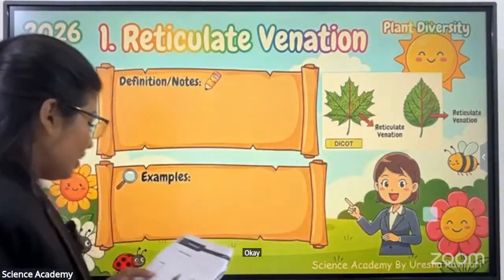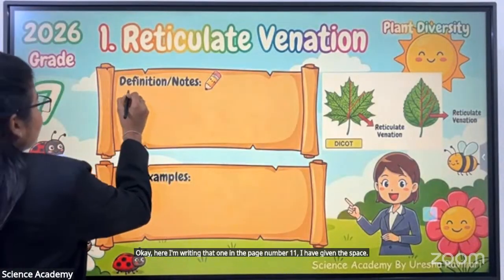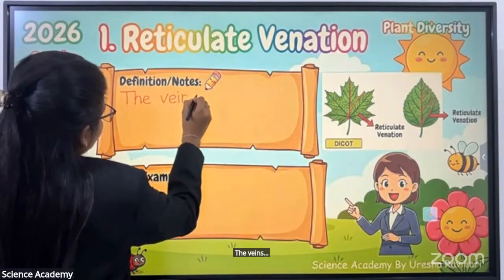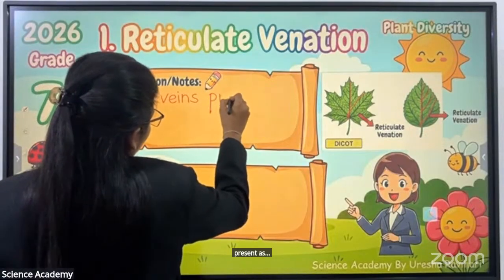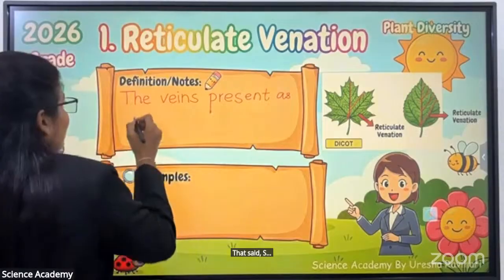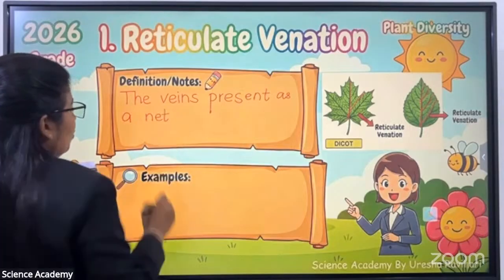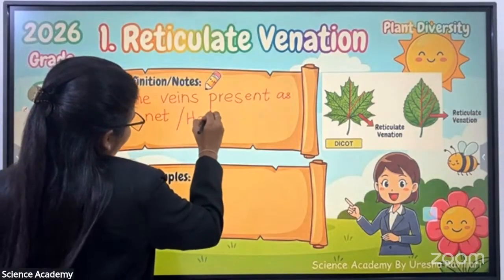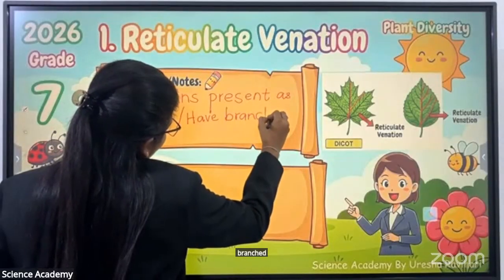Okay. Here I am writing that in page number 11. I have given the space. The veins present as a net, or you can write down have branched veins, right?